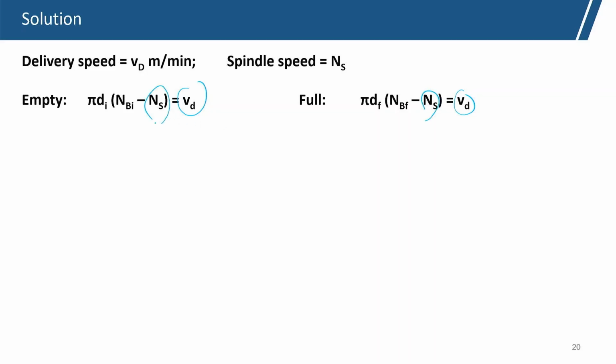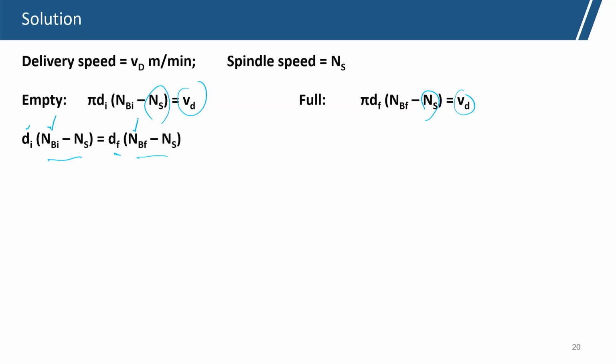Now, using these two equations, what we can get is d i multiplied by n bi minus n s, that is the winding speed, winding RPM, equal to d f multiplied by n bf minus n s. In these two equations d i, d f, n bi, n bf are given.